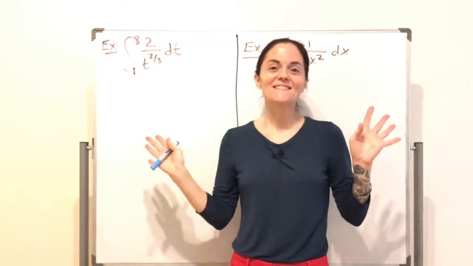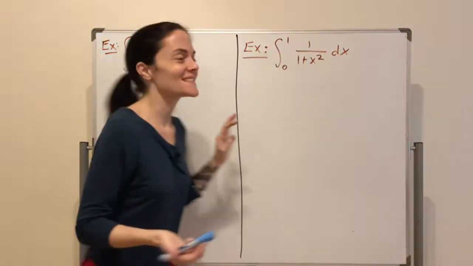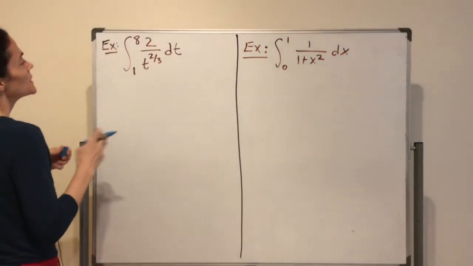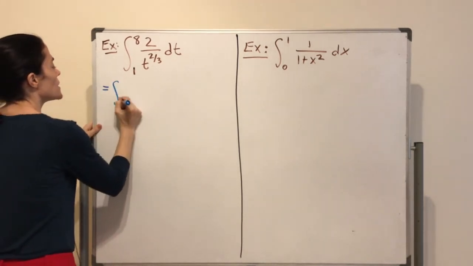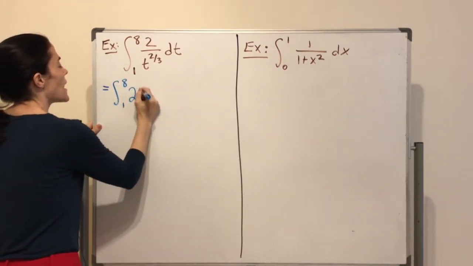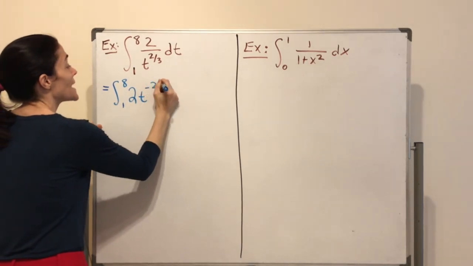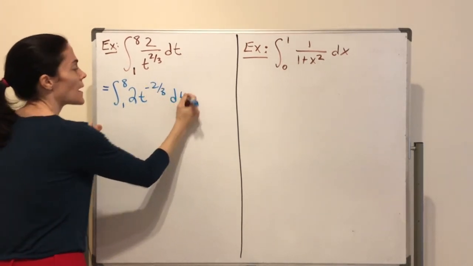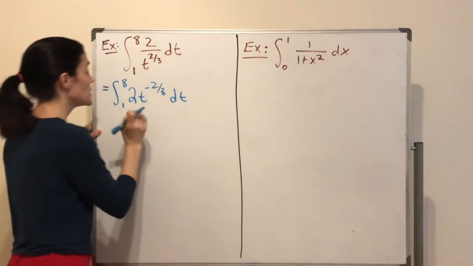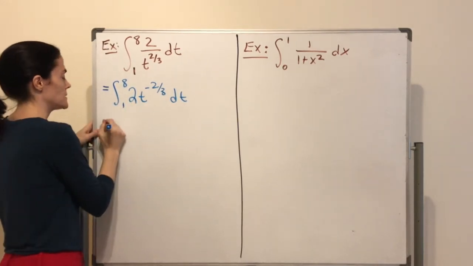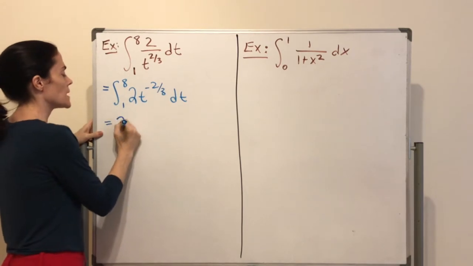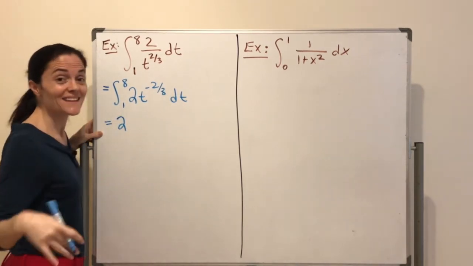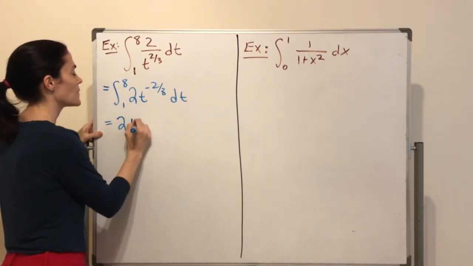Our next two definite integrals, maybe I will start over here. The first thing I would do is I would rewrite this as a power. This is the -2/3 power. Okay, now we integrate. Find a capital F of t. Well, we have a 2, then we add a power, divide by the higher power.